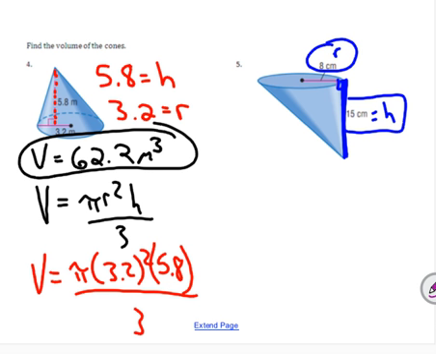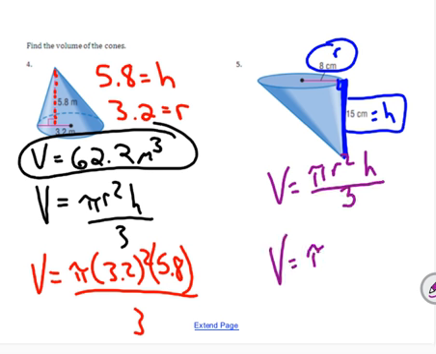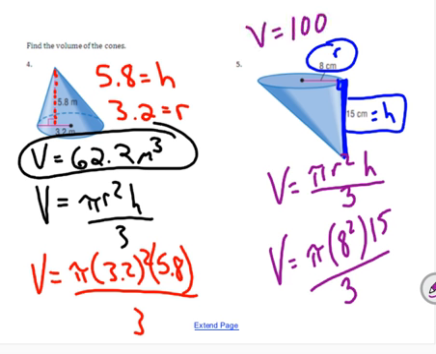So I come down here, I go volume equals pi r squared h divided by 3. So then our volume would be pi times 8 squared times 15 divided by 3. And you should get me a value for number 5 that volume equals 1005.31 centimeters cubed.